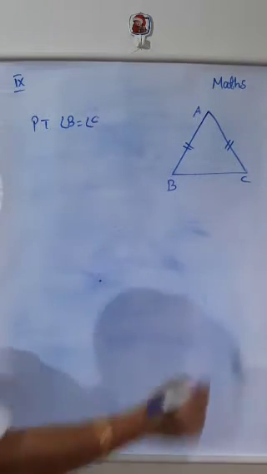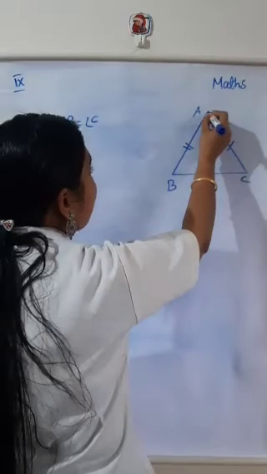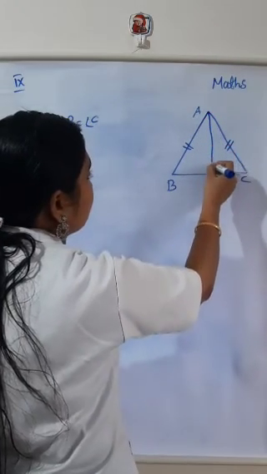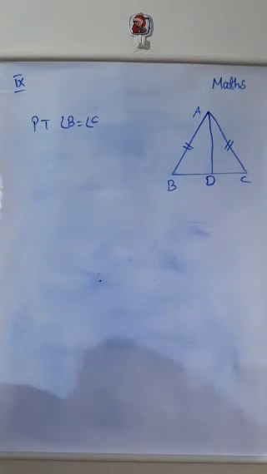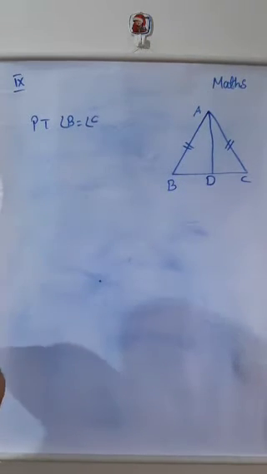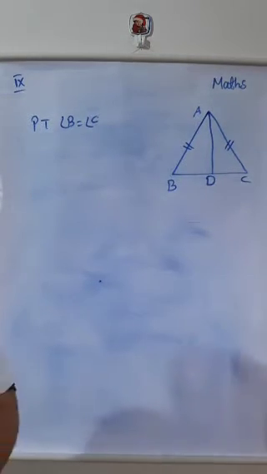For that, draw the angle bisector of angle A, meeting BC at a point D. What is meant by angle bisector?